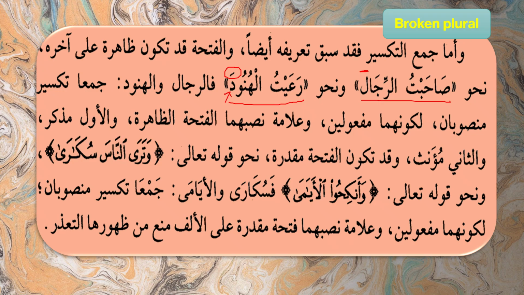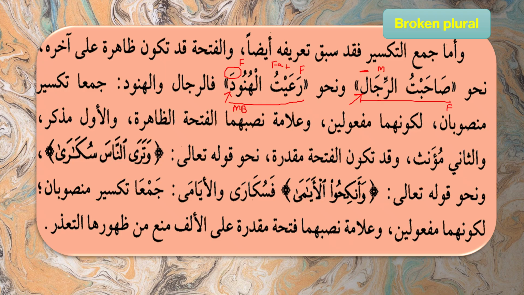So these are all jam' taksir and they carry a clear fatha on the last letter. Why? Because these letters are sahih letters. They are not weak letters. Now, in both the cases, one is male and the other one is female. But you see, it's a normal jumla fi'liyya with the fi'l and fa'il, and then we have the maf'ul bihi. Same case as before we discussed.